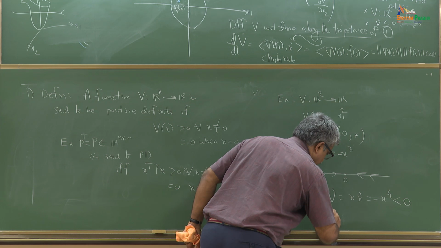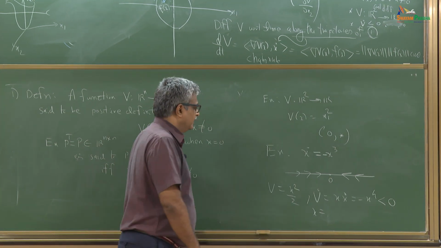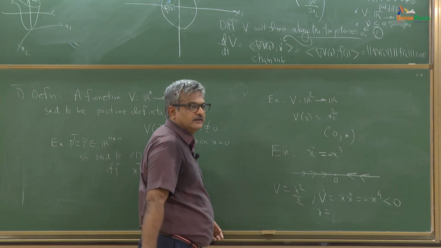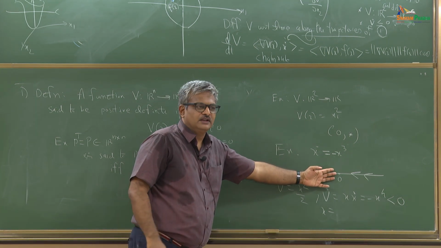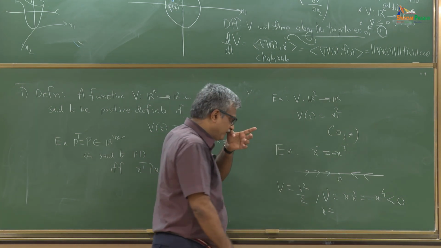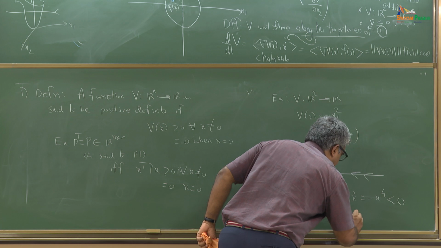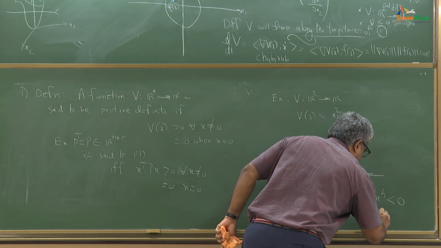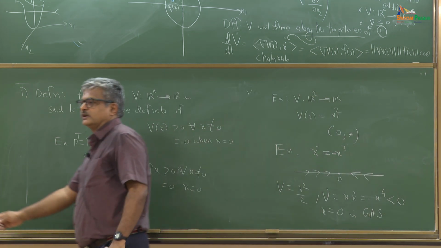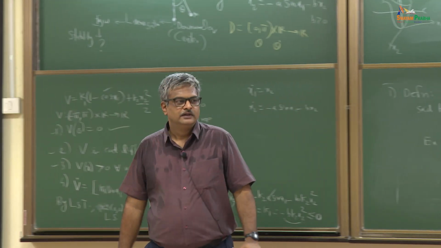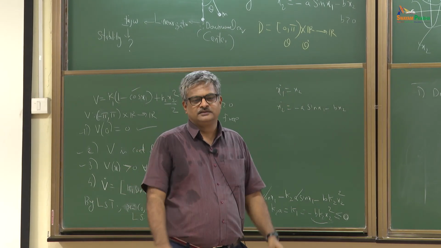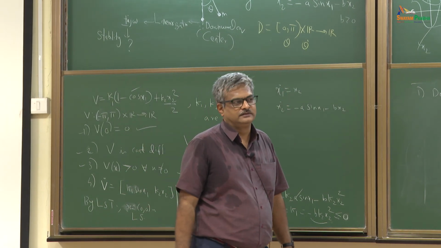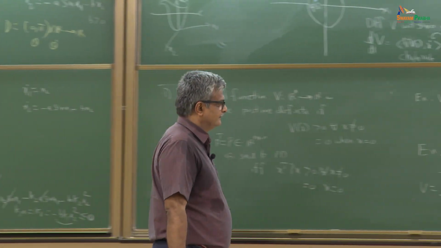Therefore, x equal to 0. In fact, there is no other equilibrium point, right? You take any initial condition, they will all approach the origin, plus the origin is stable. So, in fact, x equal to 0 is globally asymptotically stable, for which your linearization fails to conclude anything, right?